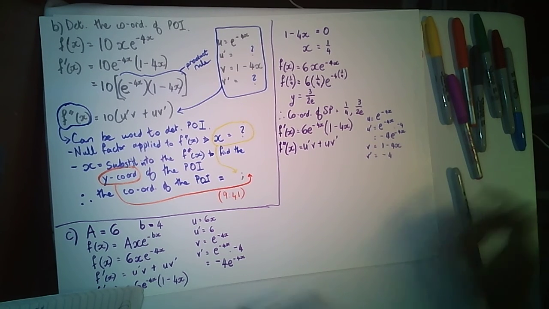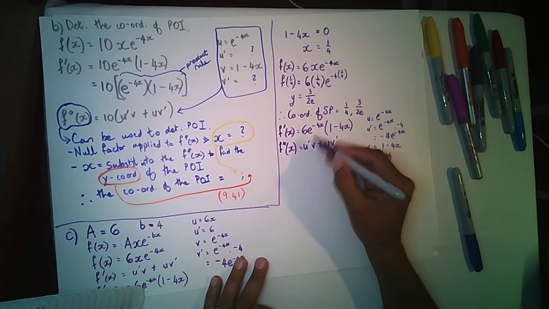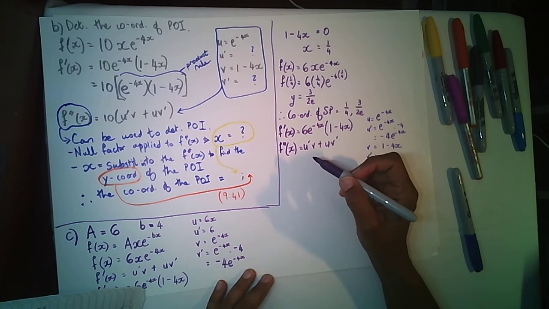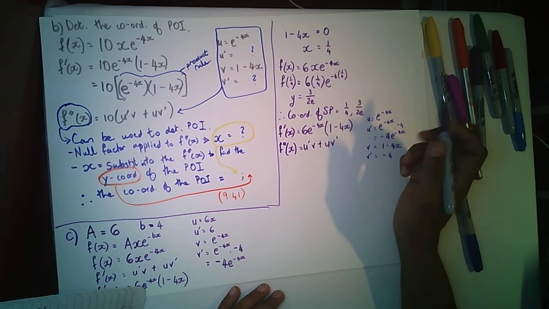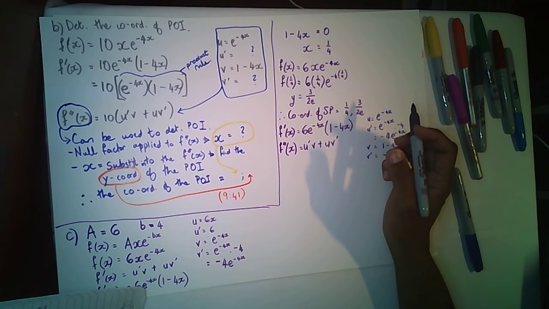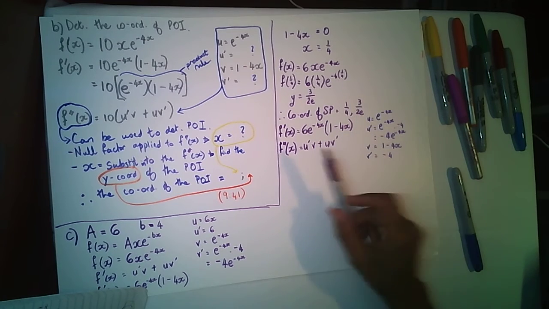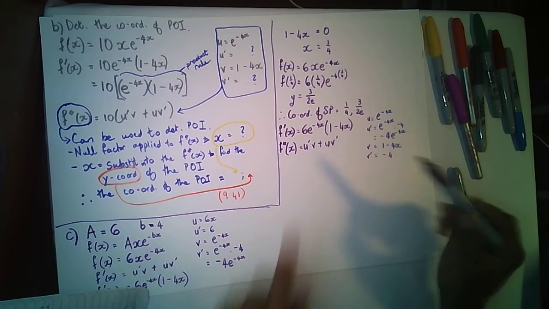The reason for that, just like before, we would take our 6 out as a constant. So all you'd be left with differentiating would be the 6 which is on the outside and the rest of the function.